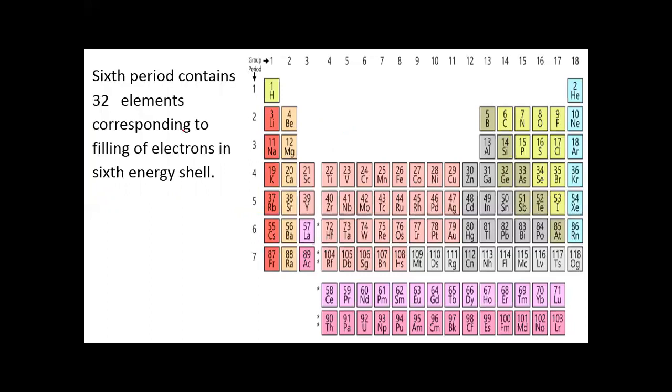Okay. The sixth period contains 32 elements corresponding to filling of electrons in the sixth energy shell. It contains 2 elements from the s subshell, 10 from the d subshell, 14 from the f subshell and 6 from the p subshell. So the total is 32.